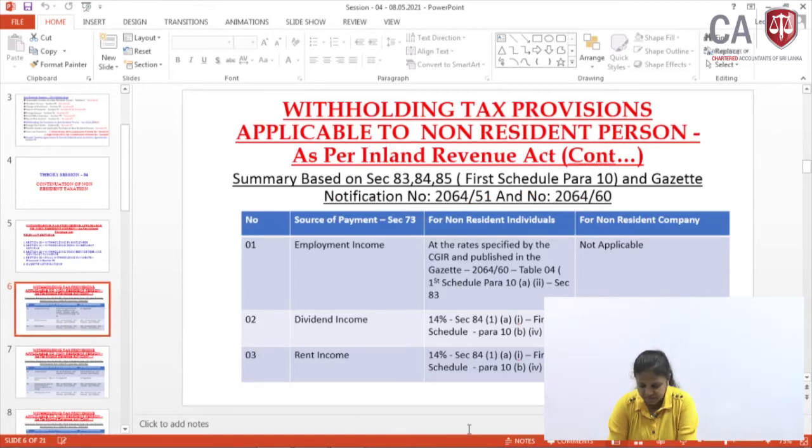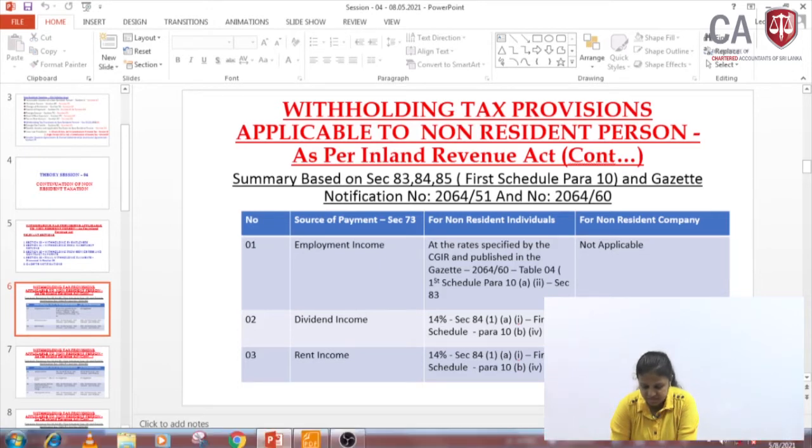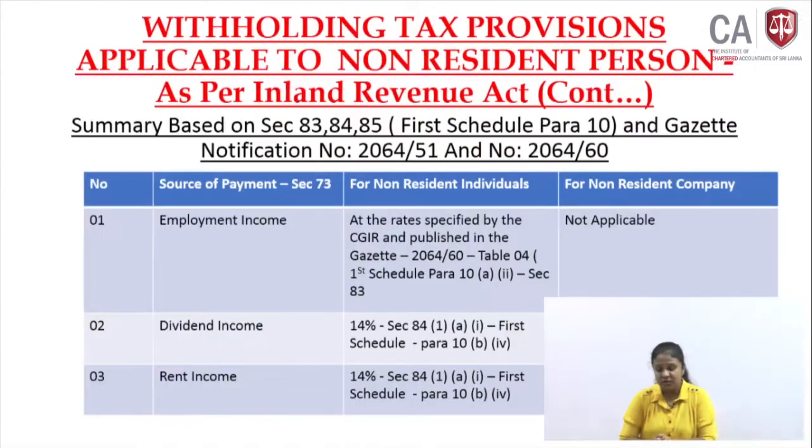Okay. Then the next one is dividend income. Now, under the employment income, we will look at the relevant Gazette notification under table 4 as well as the provision of the Act.